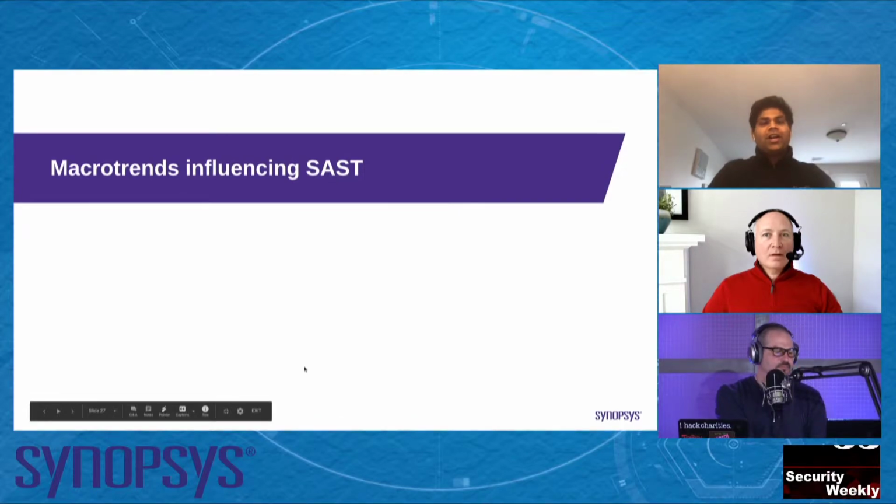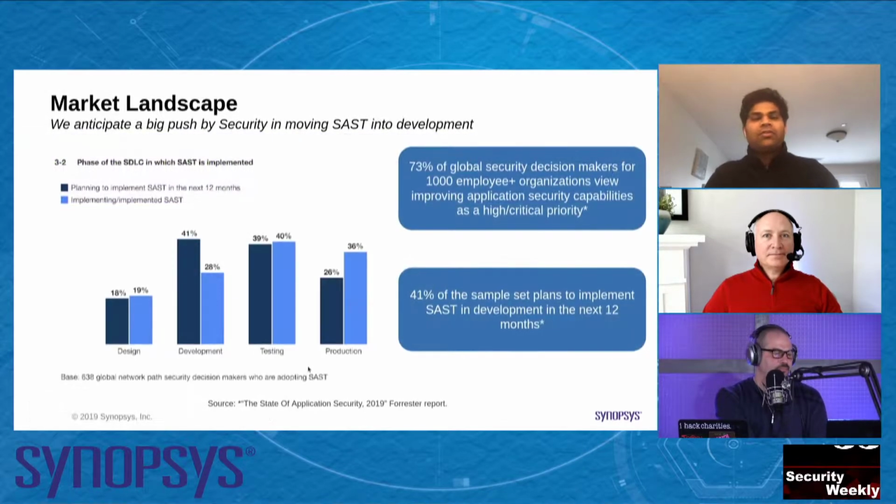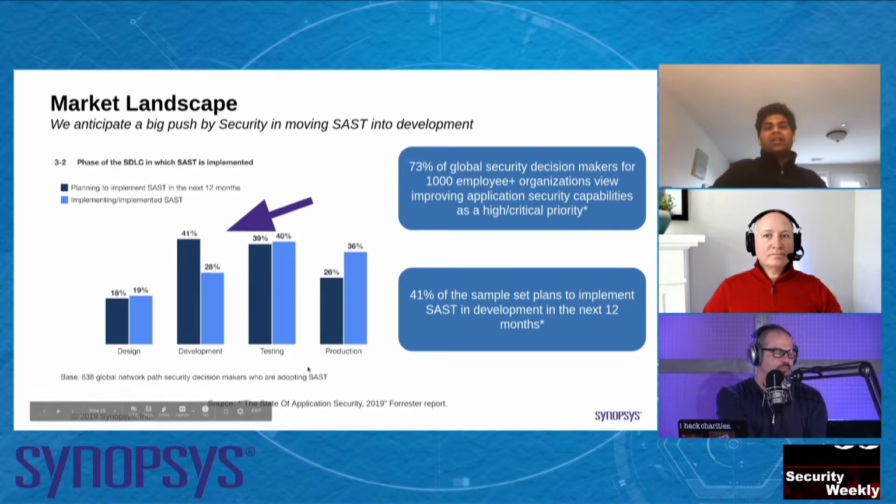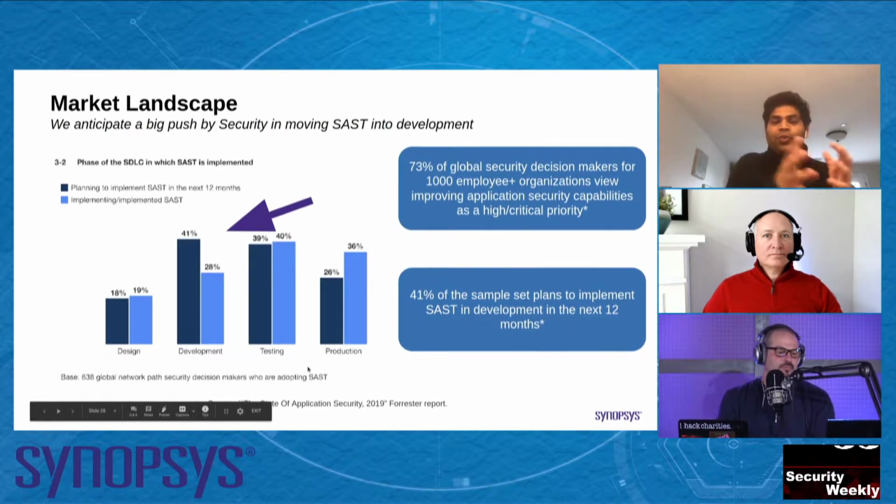There we go. So I can quickly go over this. Some of the viewers have already seen some of this, but this sort of corroborates some of my earlier points, which is we see a lot of customers who are trying to push security within development.